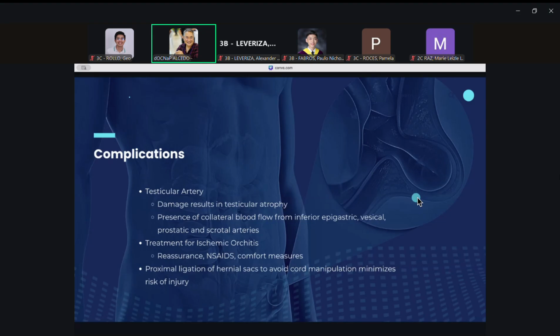It has supply coming from the vessels from the scrotum and of course within the spermatic cord. So for ischemic orchitis, which is not frank gangrene, you can reassure the patient, use NSAIDs, and comfort measures can be employed. So intraoperatively, when we do surgery, we make sure that we ligate the hernial sac proximally.